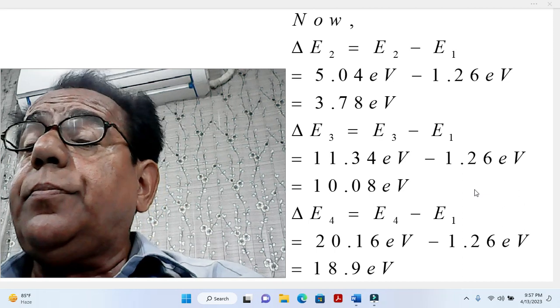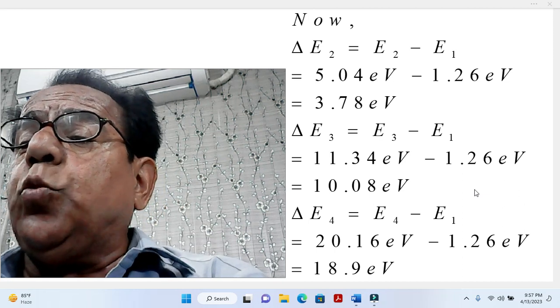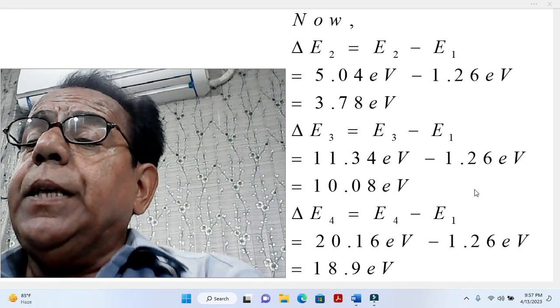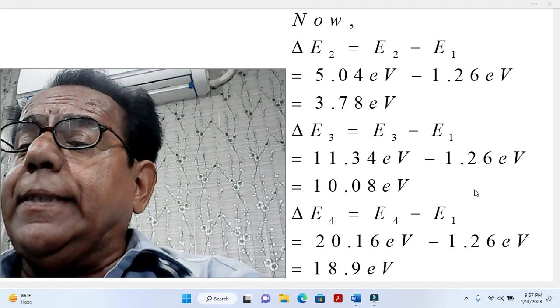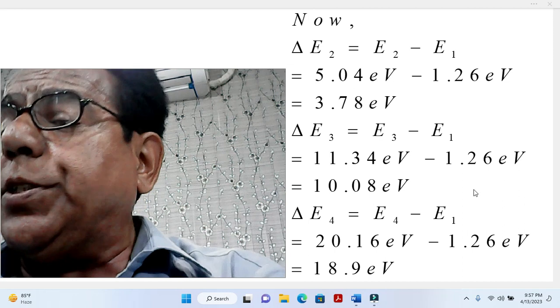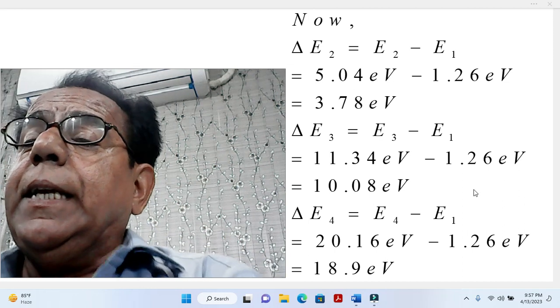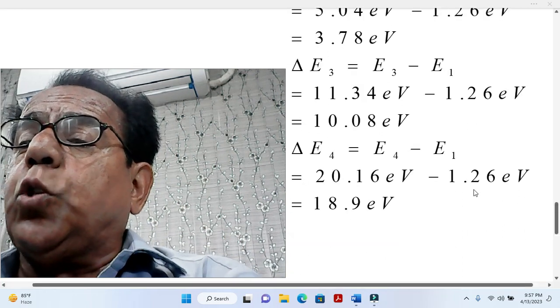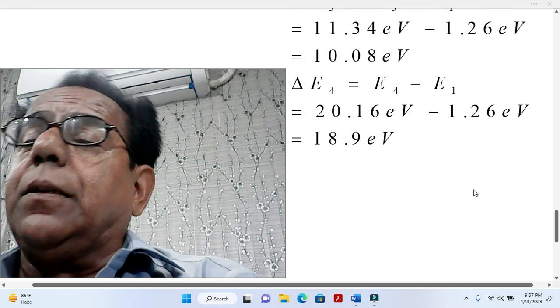Similarly, delta E4 is equal to E4 minus E1 is equal to 20.16 electron volt minus 1.26 electron volt, and hence delta E4 becomes equal to 18.9 electron volt.